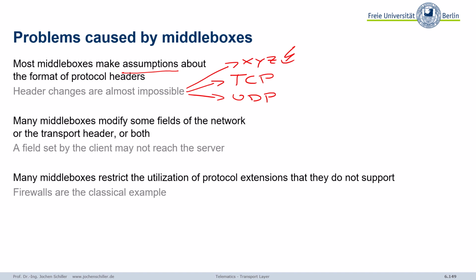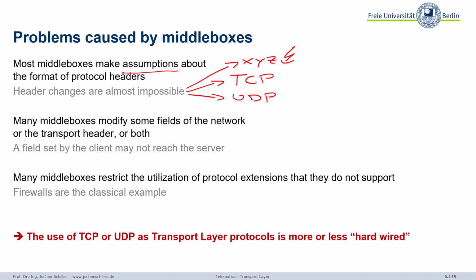Quite often, many options are not supported. And it can be shown that the network does not forward packets with certain fully official options set. So although you follow the standard, the network will not forward your traffic. This is strange, but that's the way it is. So in the end, we can say the use of TCP or UDP as transport layer is more or less hardwired, and that is the ossification.